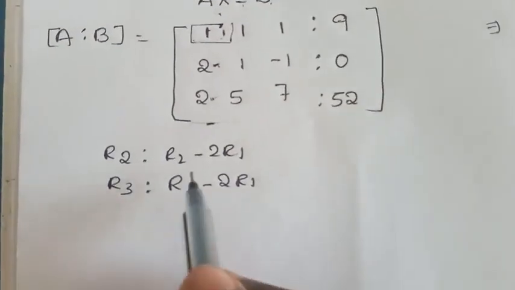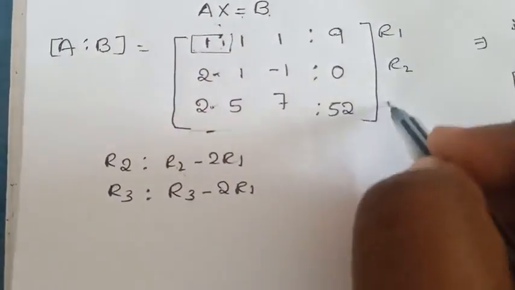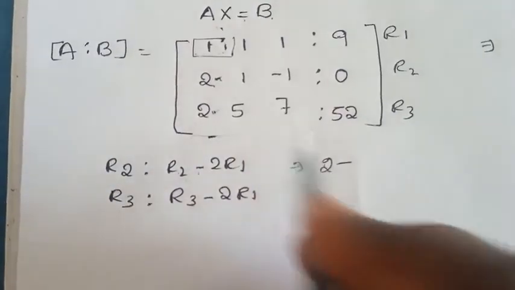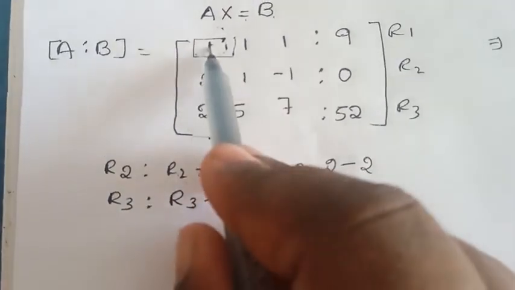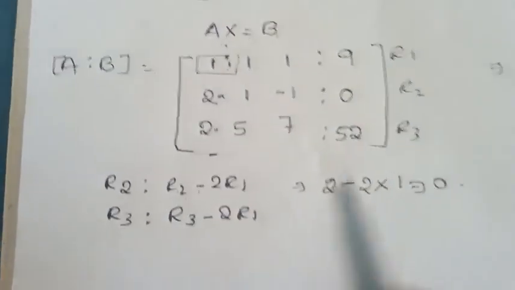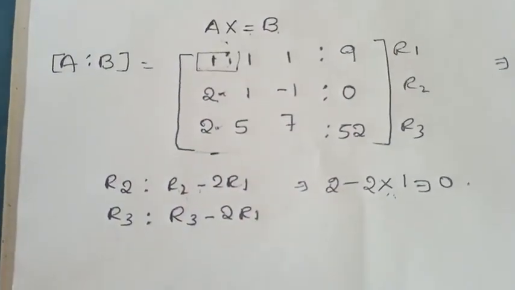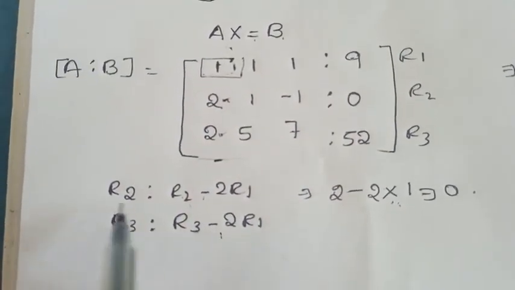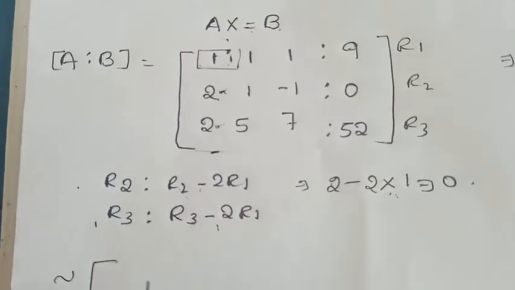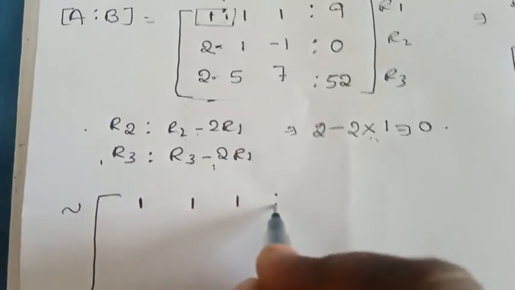It will be like this: row 1, row 2 and row 3. R2's value 2, 2 minus 2 into R1, and R1's value is 1. It will be 0. We have to apply this to all the row elements. After applying these row operations, we will get 1, 1 and 1.